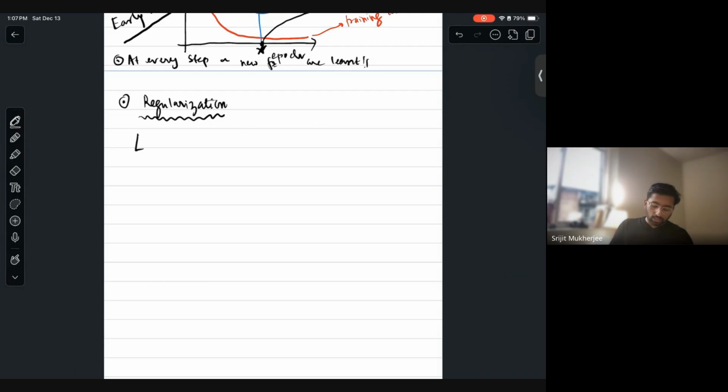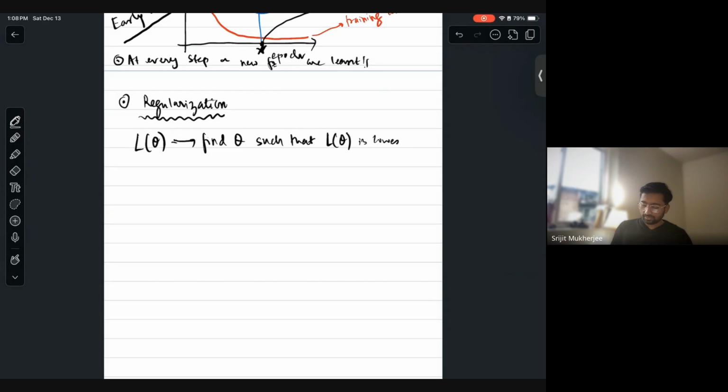Okay, understand this loss function is a function of theta, right? So what happens is that you find theta such that L(theta) is lowest.